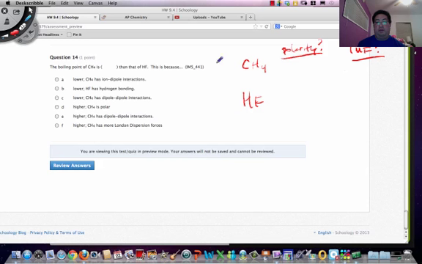Hopefully you have enough information here. We've done enough practice, and you've seen these molecules enough times to identify whether each is polar, and then what intermolecular forces they have. Then remember, whichever has the stronger intermolecular force, we've talked about the properties before, in terms of boiling point, melting point, vapor pressure, and viscosity. So good luck, guys. That is it.